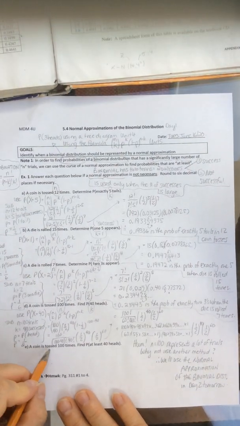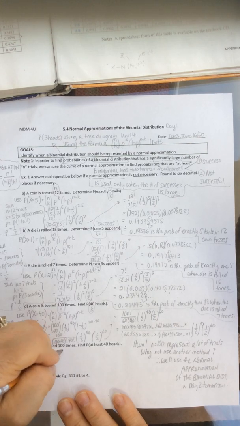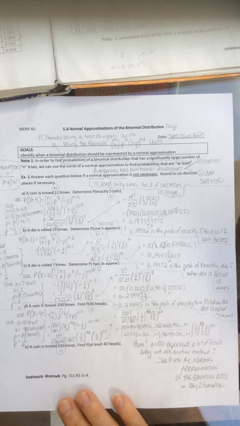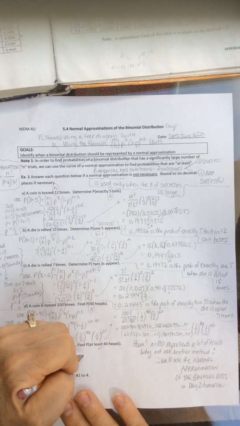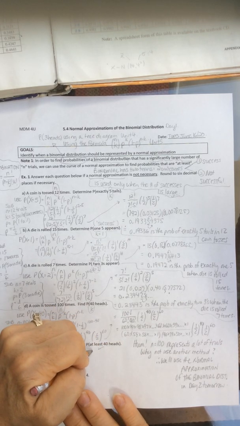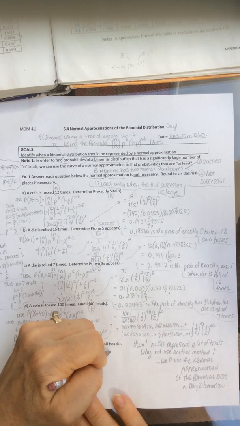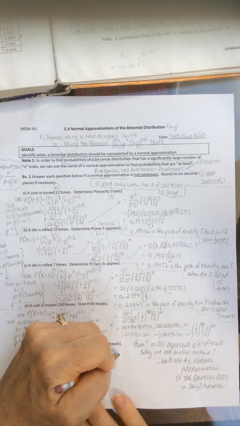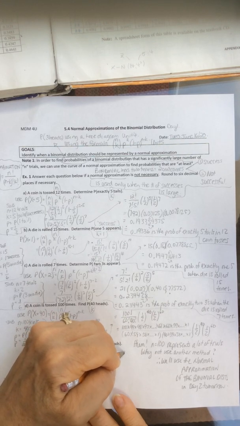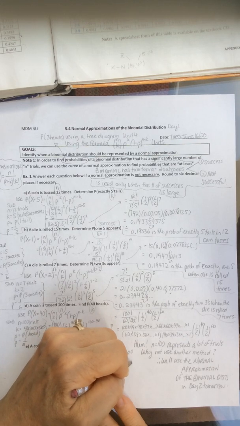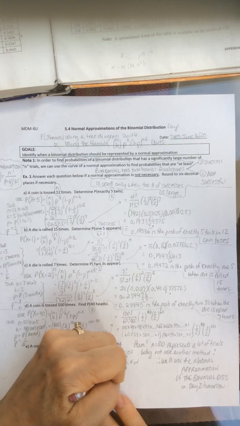Okay, let's look at this next one. E, if a coin is tossed 100 times, we still have this problem, okay? Now I want at least 40 heads. That means that the k value has to be 40, it has to be 41, it has to be 42, it has to be all the way up to k equals 100, because that's the maximum number of trials.